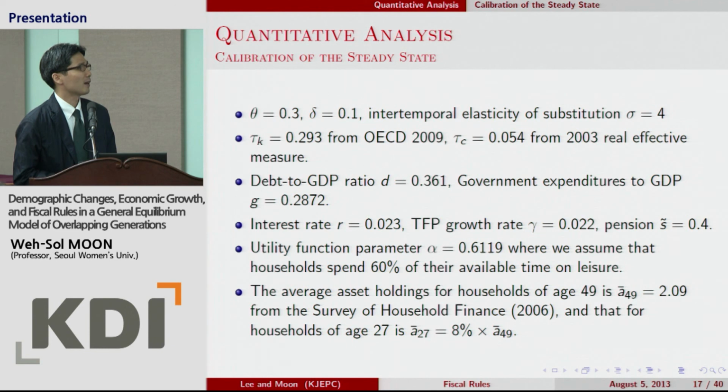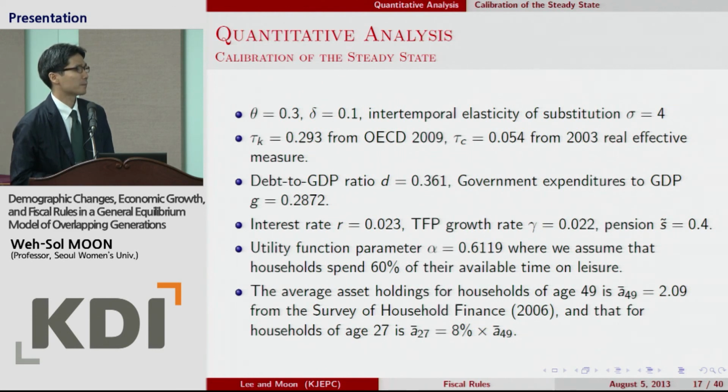We set the constant debt to GDP ratio at 36%, and the government expenditures to GDP ratio at 28.7%. This is a steady state, as well as a constant debt rule, the benchmark rule. Interest rate is fixed at 2.3%. TFP growth rate in the long run is 2.2%.